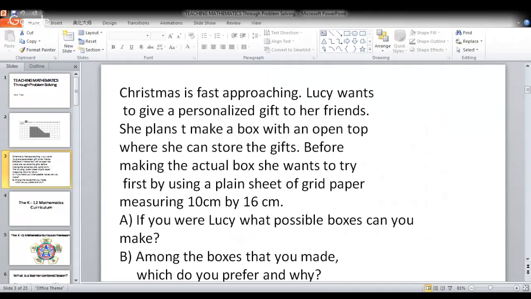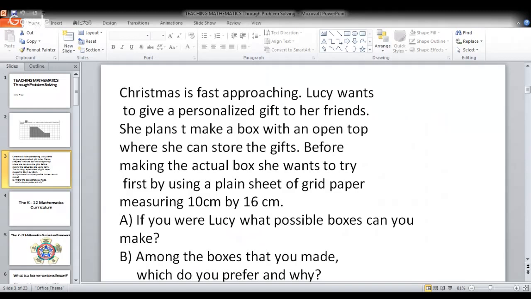There should be no waste material out of that 10 centimeter by 16 centimeter. So what do you think? I guess this is a very interesting problem.